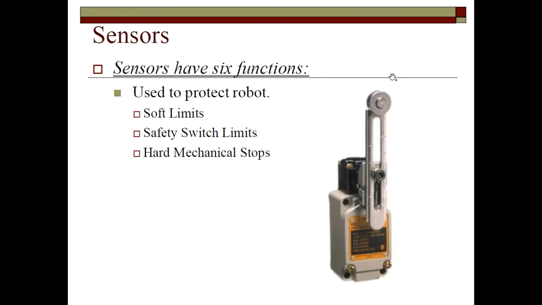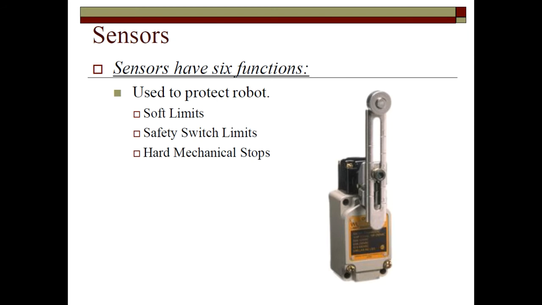All right. The other thing to help protect the robot or items within the work cell is a mechanical stop. A mechanical stop is just putting something in the way that's going to prevent the robot from going beyond that point. So the robot's going to come over and hit that stop and then it can't move any further.